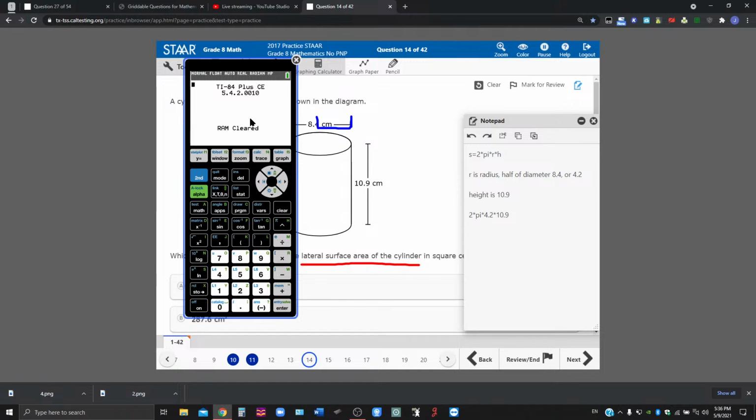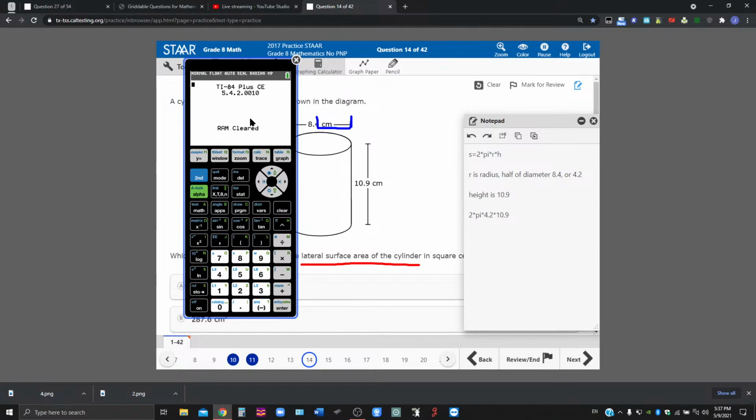It's powerful, good enough to do everything you do with the TI Inspire. Please know that I do recommend you use the TI Inspire because you have been taught to use that. So I recommend you use the physical TI Inspire. However, you can use the TI-84 as a backup.